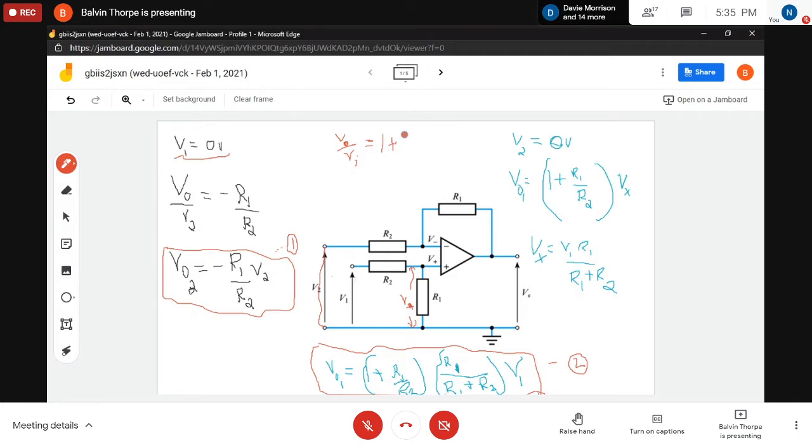I'm struggling tonight. In this case, the feedback resistor is R1, and the input resistor would be R2. So that's the gain for the non-inverting amplifier. Therefore, the output voltage for the non-inverting amplifier is simply multiplying the gain by the input voltage. Am I correct? Yes, sir.